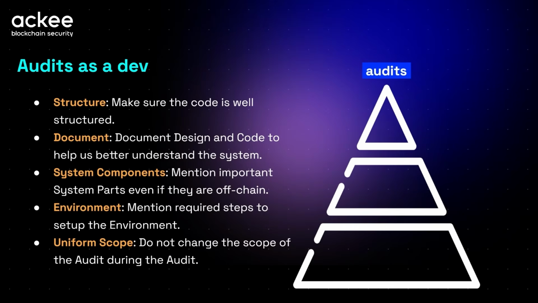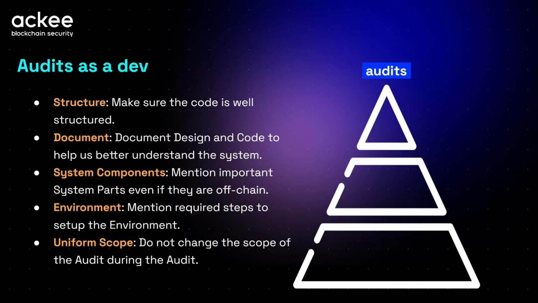And the last point that you can make here, which is also important, is the uniform scope. Do not change the scope of the audit during the audit. If you would like to write better tests, I think this is still okay.